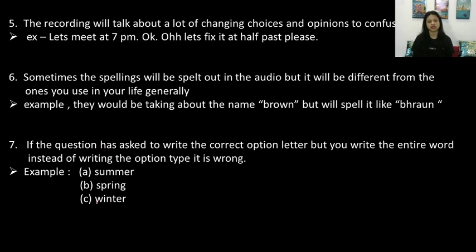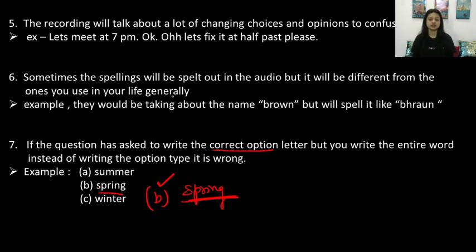You have three options, and the answer is spring. What will you write in your answer sheet? Will you write spring, or will you write option B? When you have to choose the correct option, you don't have to write the entire word. You just have to choose the option, only the option. Okay, understood?